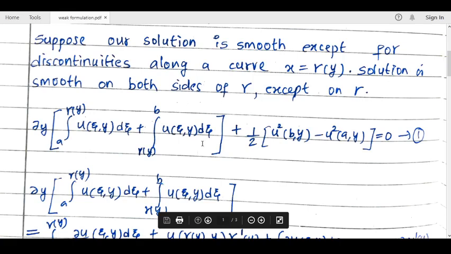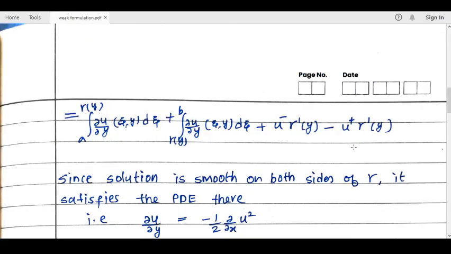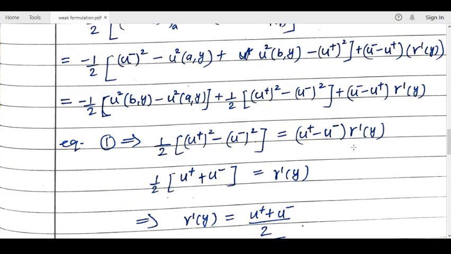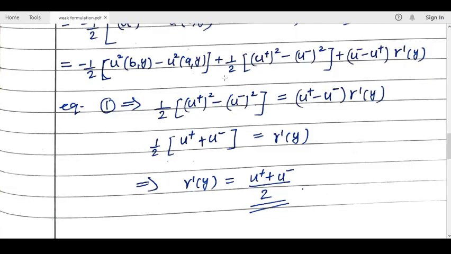Now when you substitute the value, you can see here the second term is half u square of b comma y minus u square of a comma y, and it comes here also. You can see here you have minus half u square of b comma y minus u square of a comma y, so that term will get cancelled. Now the remaining term is half u plus square minus u minus square.